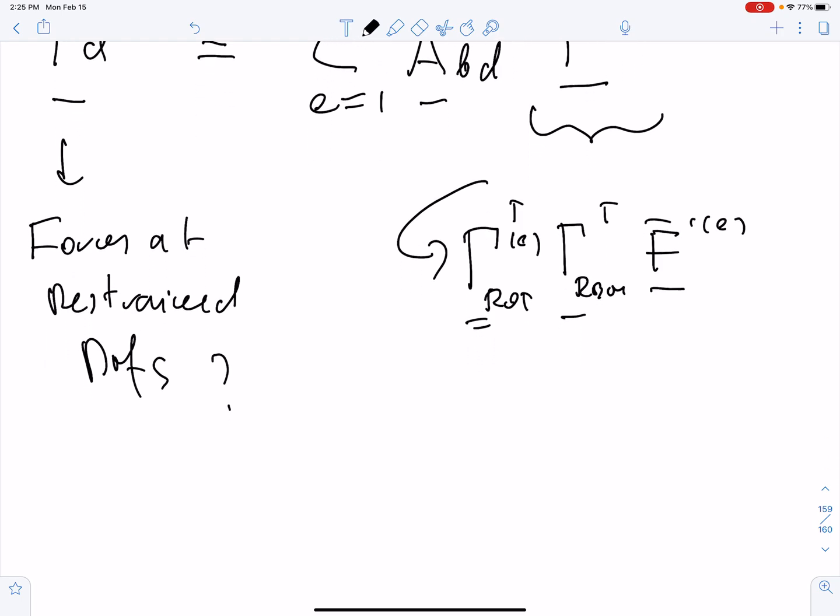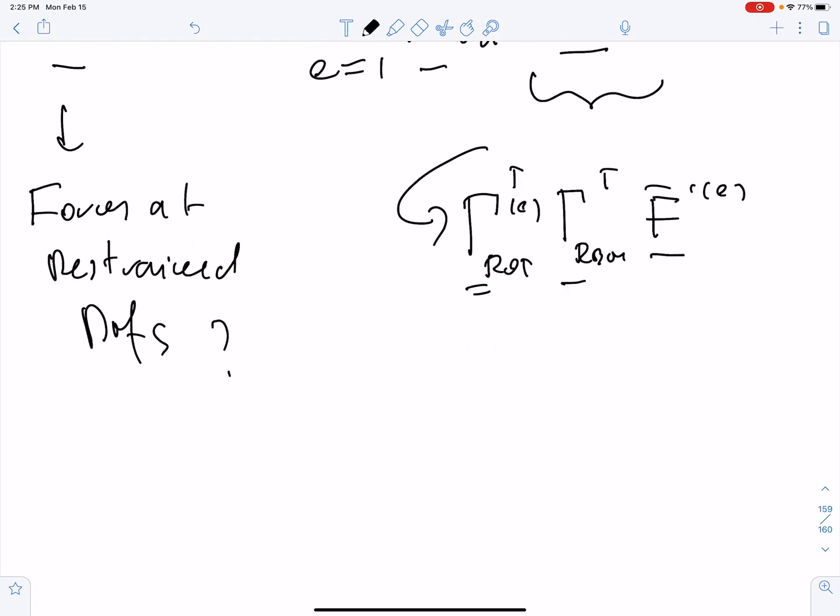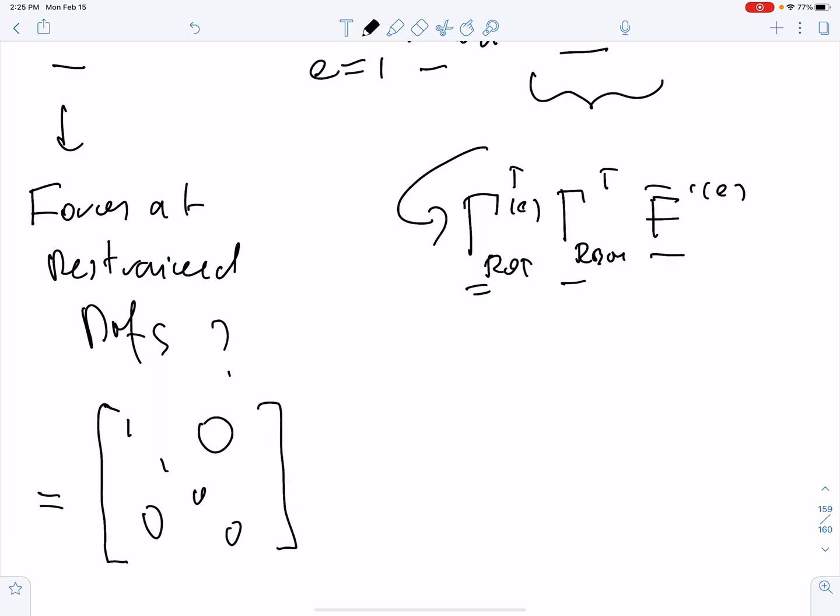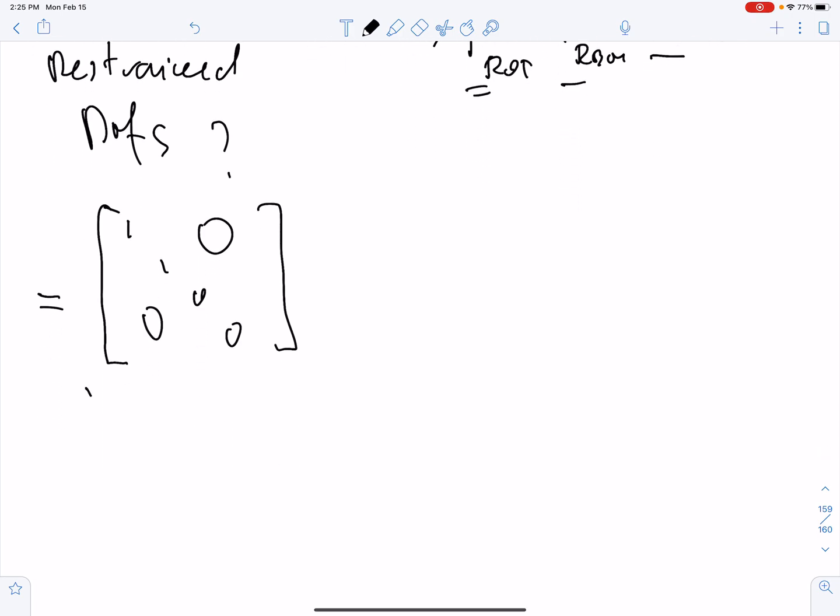And so for our case, what do we get, sort of formally? If you look at your notes, you get 1, 1, 0, 0, zeros off the diagonal. This was our A, B, D transpose for each element.